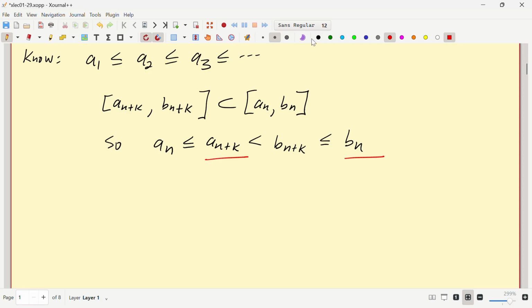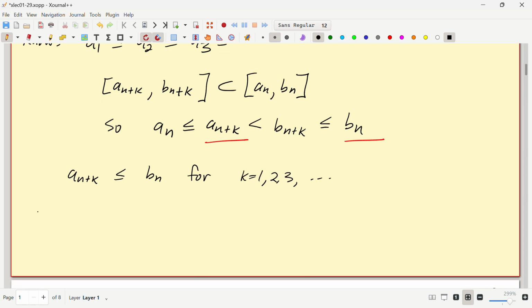What I have so far is that A_{n+k} is less than or equal to B_n for all k, for k equals 1, 2, 3, etc. But we also know that the A's are getting bigger and bigger. A_1 is less than or equal to A_2, is less than or equal to dot, dot, dot, is less than or equal to A_n. And so they're all less than or equal to B_n.